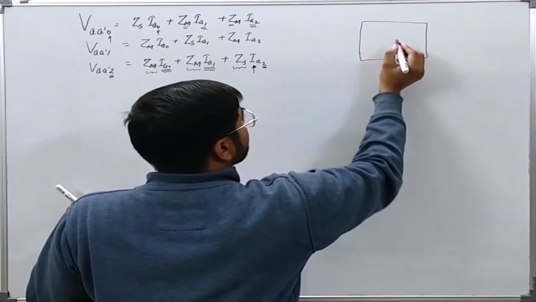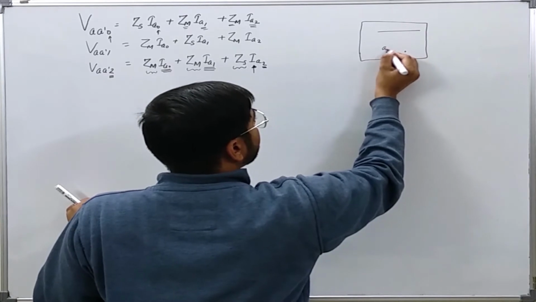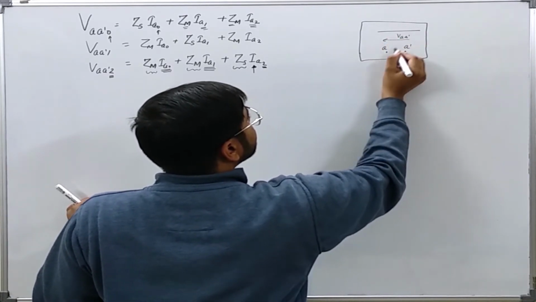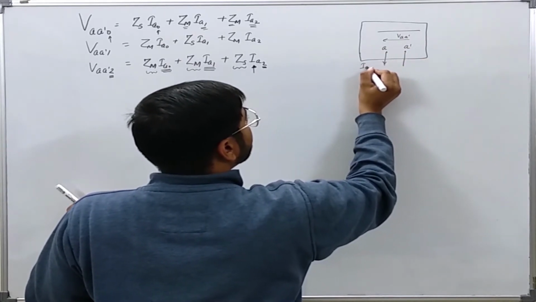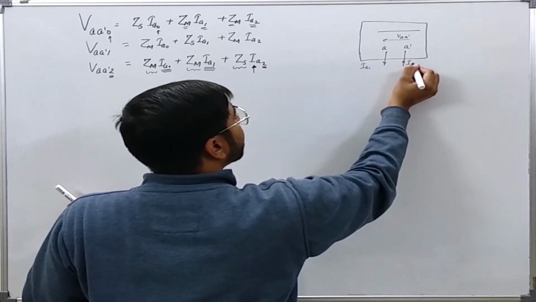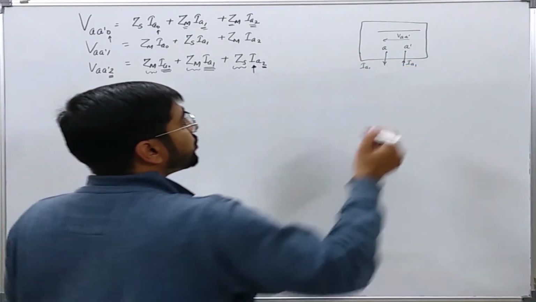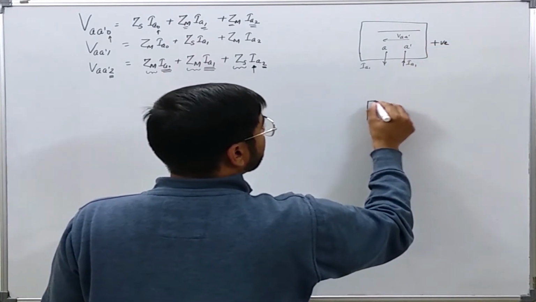If I make various sequence networks, this is the positive sequence network, A dash, VA dash 1, this is current IA1, and let us draw the negative sequence here.